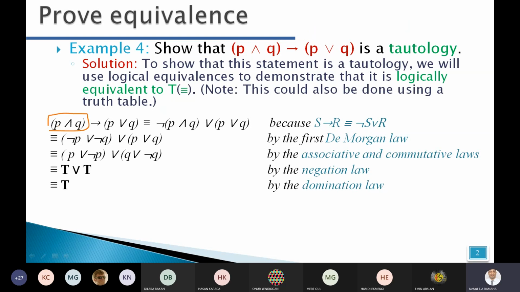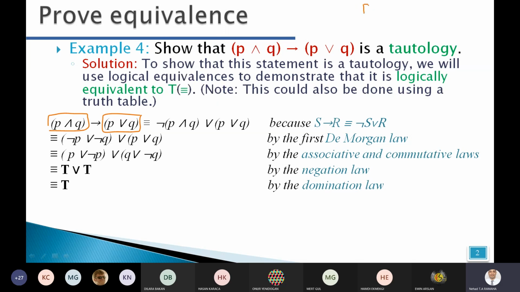Starting from this part, I told you, what is the first step if you have an implication on your left side? The first step should be to remove this implication. How do we remove the implication? We have a simple law.